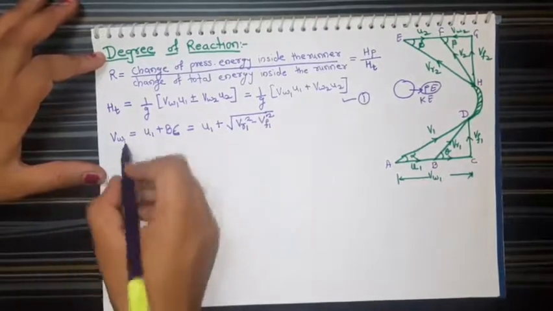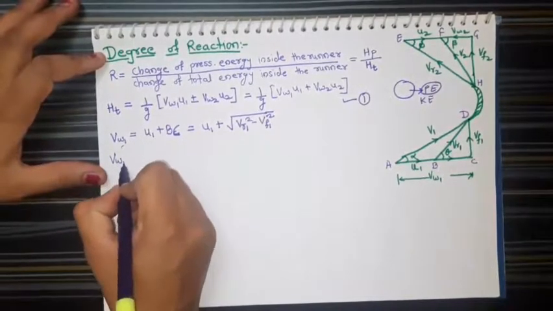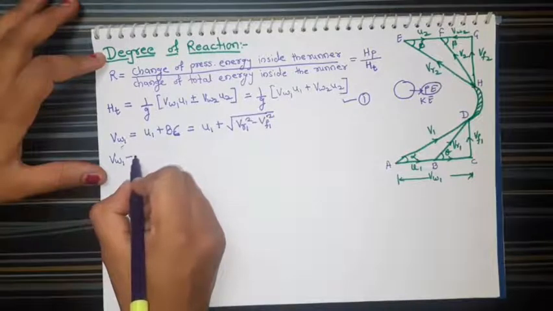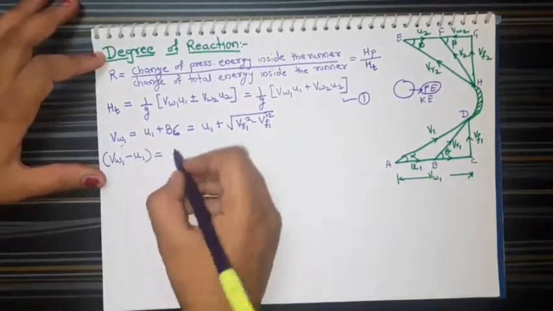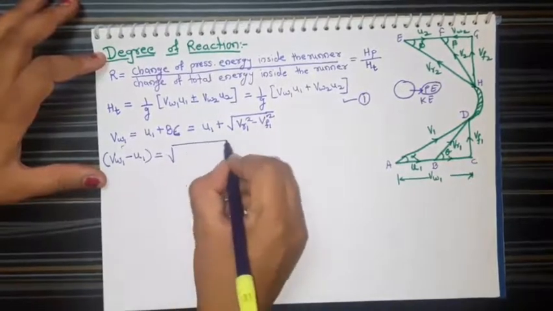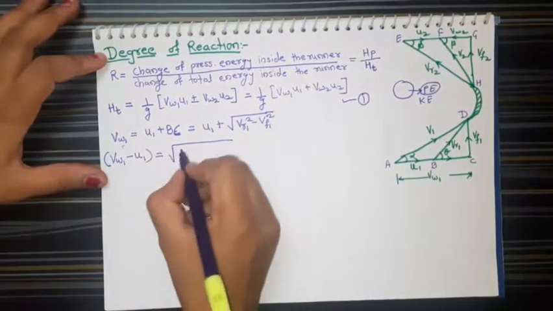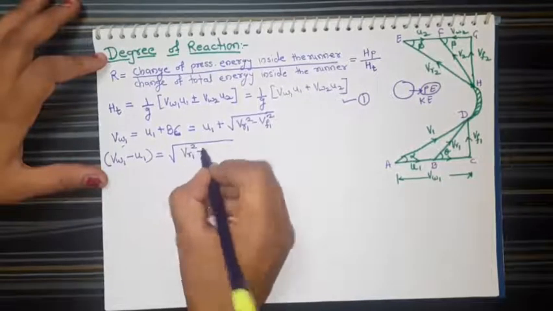Let's take U1 to the other side, so the equation becomes VW1 minus U1 equal to the square root of VR1 square minus VF1 square.